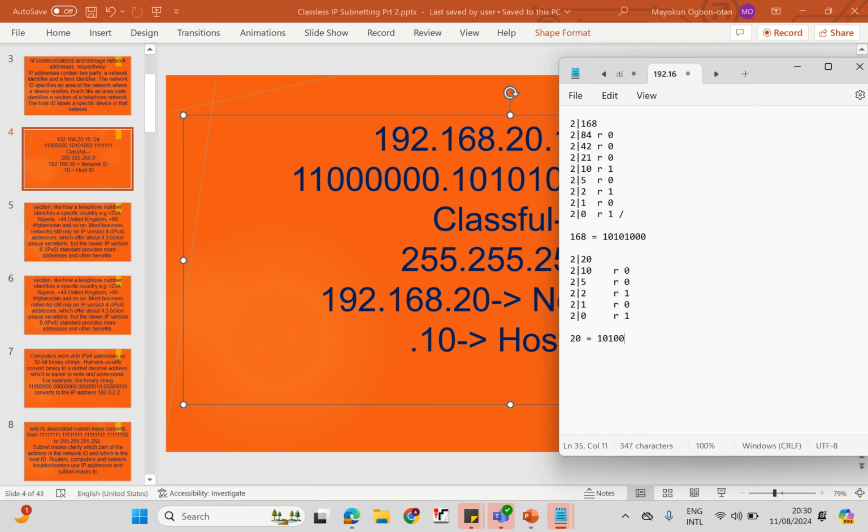Now, the question is, it's supposed to be 8 bits, but this is 5. How do I know where to complete the zeros? That's going to be our next line of action.